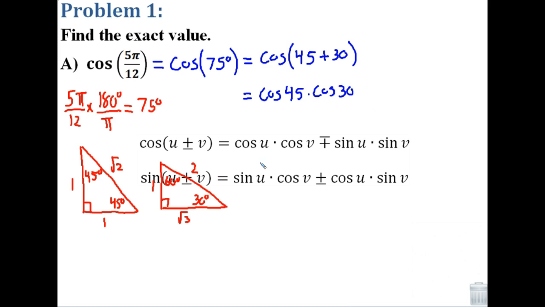And notice the way I have this written, I have cosine with a plus-minus and a minus-plus here. That just means whatever the sign is in the first case, you're going to flip it for the second case. So since I have addition, I'm going to flip that around to subtraction and go sine of my first angle, sine 45, times sine of the second angle, sine 30.